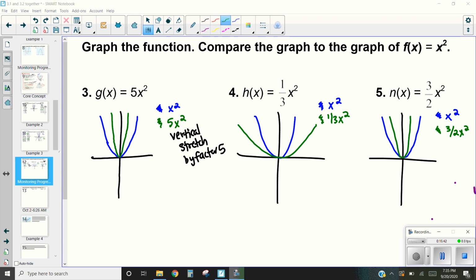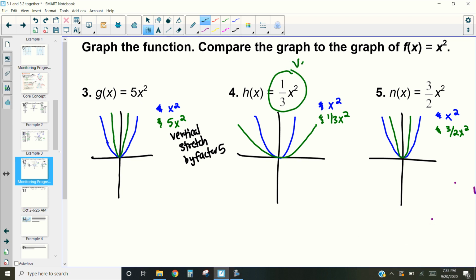Okay, hopefully you've had a chance to look over these. As we evaluate these, notice that with our h of x, we ended up with a vertical shrink. Our function here got wider. We had this shrink where the distance it went when it went over 1 decreased to 1/3.